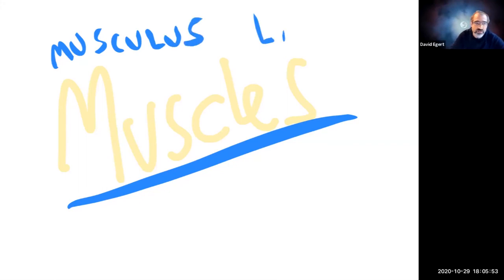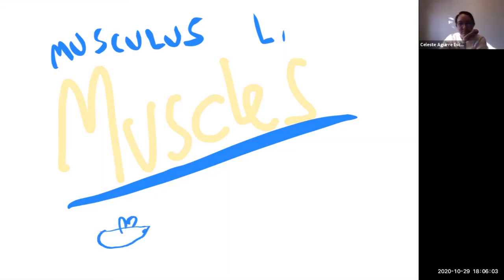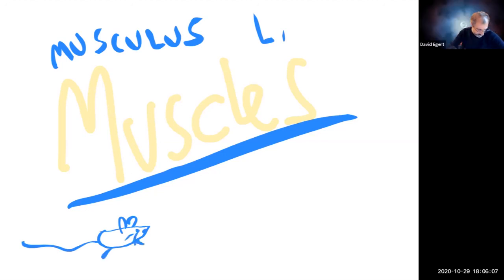Anyone know what musculus is in Latin? It's kind of what it sounds like. Like male? Sorry, I was thinking musk as in male. No, it's musculus, as in mouse. It means little mouse.